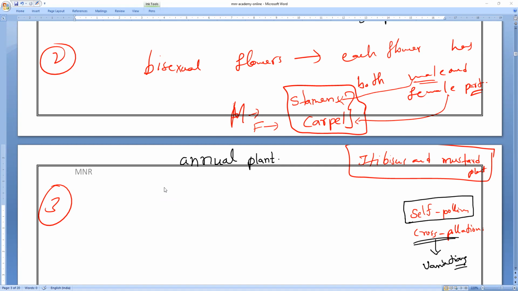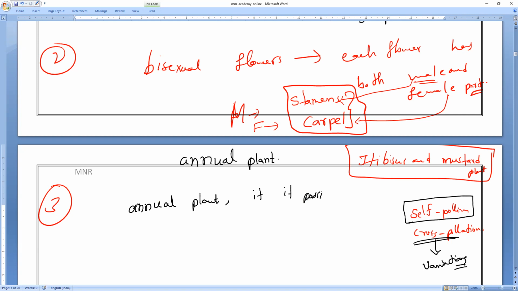After that, they won't continue. That is called an annual plant. So is the pea plant an annual plant or not? Everybody understand now, Abhirami? It's not a seasonal plant.